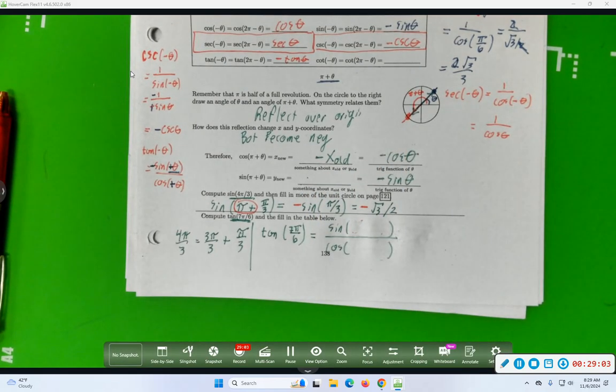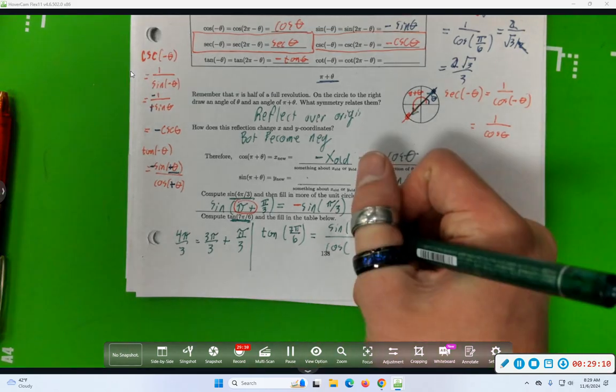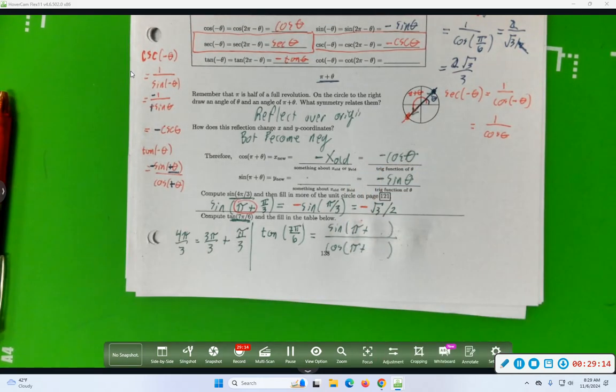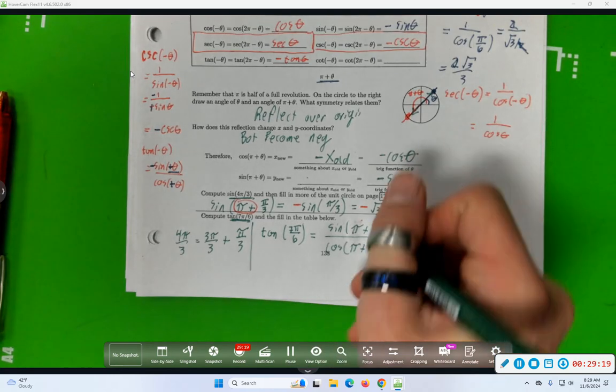So 7 pi over 6 is a little bit bigger than pi, right? Because 7 is bigger than 6. So I can write this angle as pi plus a little bit. And what's the little bit that needs to be added to pi to get that angle? Pi over 6.